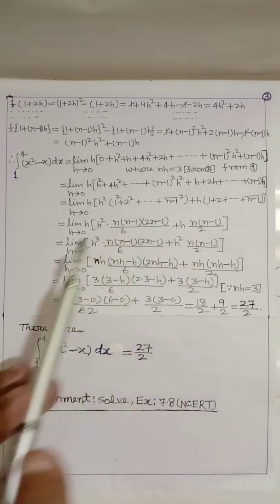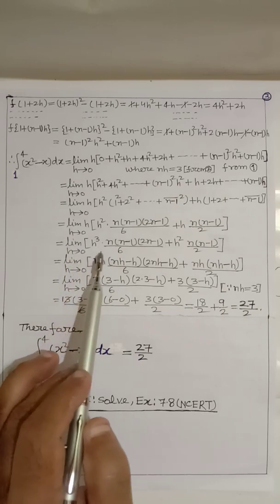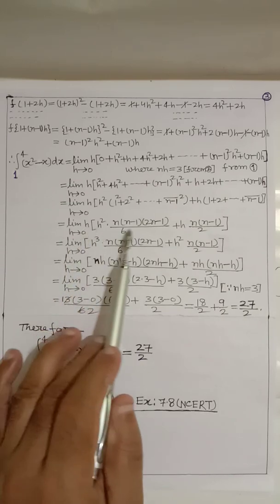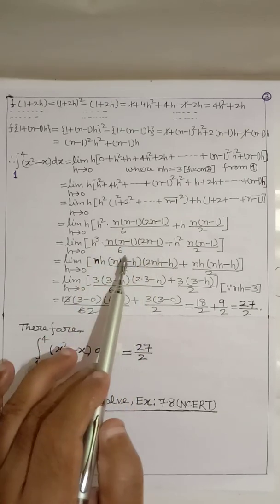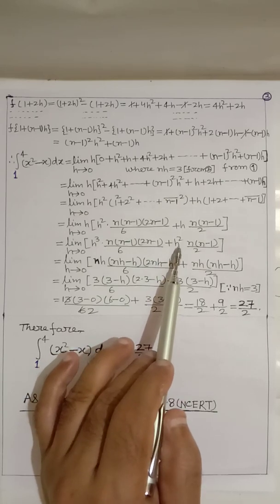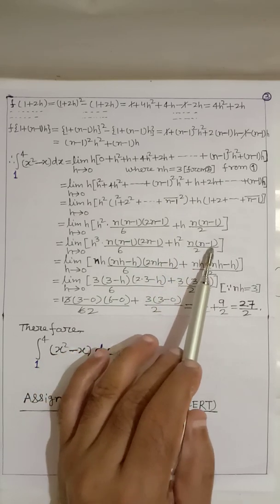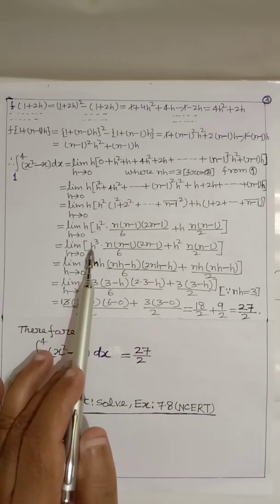So we have written here, and this is equal to limit h tends to 0. Here we multiply by h, we get h cube into n into n minus 1 into 2n minus 1 by 6 plus h square into n into n minus 1 by 2, and here h cube.